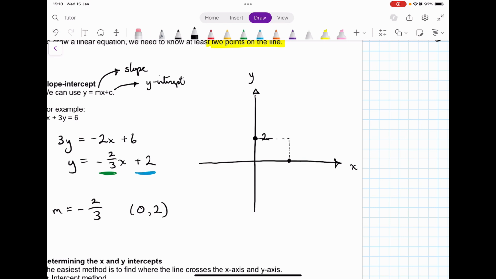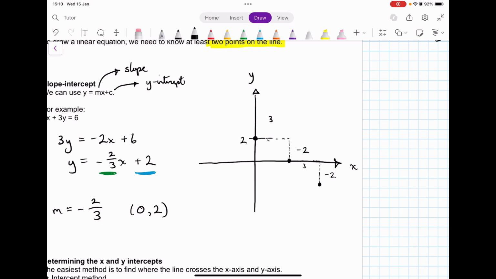So every time you go across by 3, you go down 2, right? And then you would do the same here. So you go across by 3 and you would go down 2, right? And so you can just do this for once. So when you do this once, you're going to have 2 points.